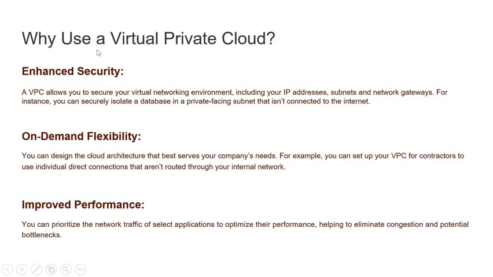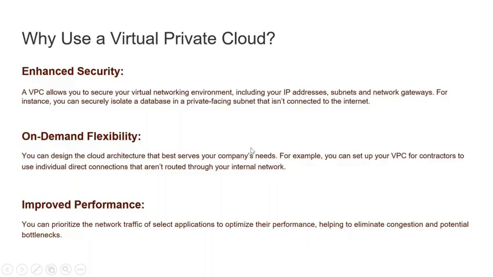So why use a virtual private cloud? Enhanced security. A VPC allows you to secure your virtual networking environment, including your IP addresses, subnets, and network gateways. For instance, you can securely isolate a database in a private facing subnet that is not connected to the internet. What is a subnet? We will come to know in a few minutes.